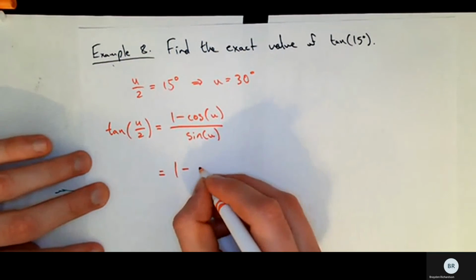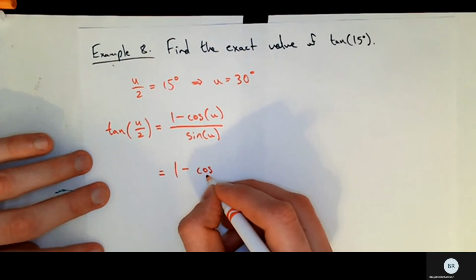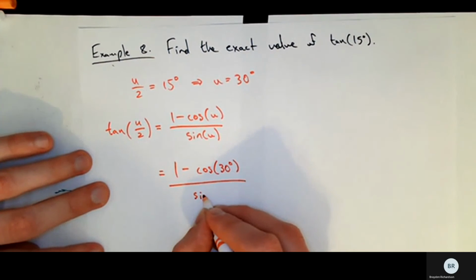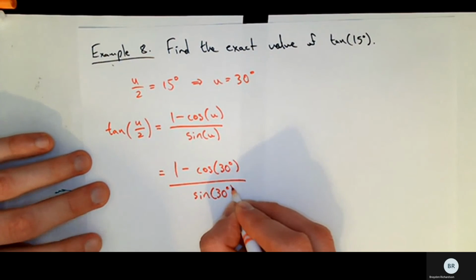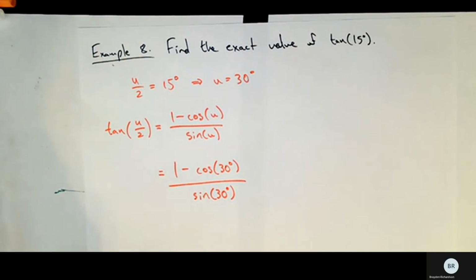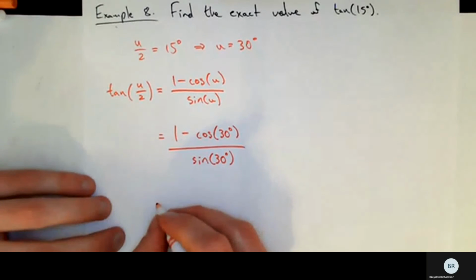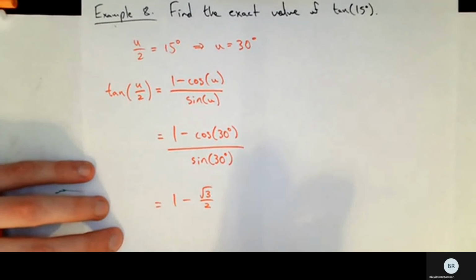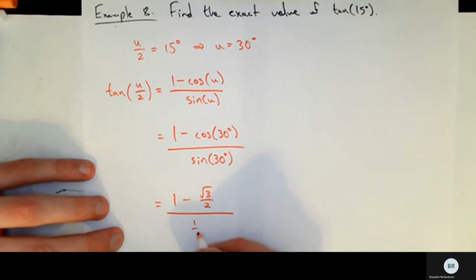So I'm getting 1 minus cosine of 30 degrees over sine of 30 degrees. So that's going to be 1 minus square root of 3 over 2, over 1/2.